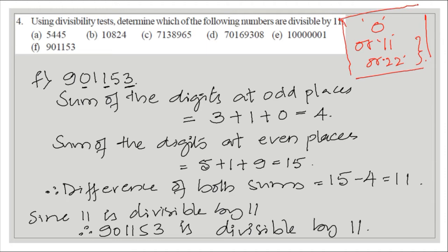You have to add the even place digits and odd place digits, then find the difference. With this, I can tell you that you will be able to solve the remaining questions. We had solved C and F, remaining questions I want you to try.